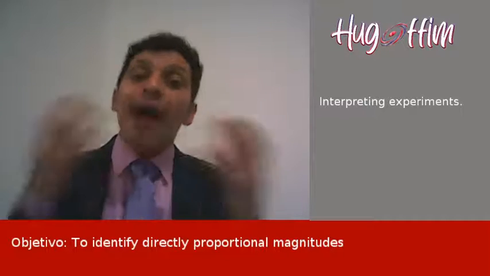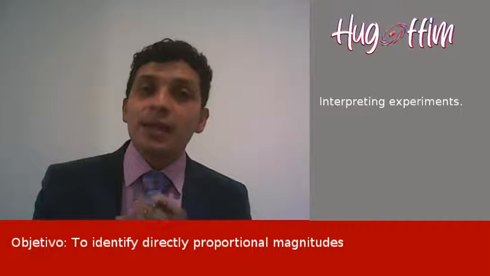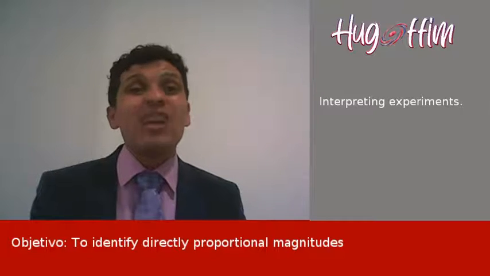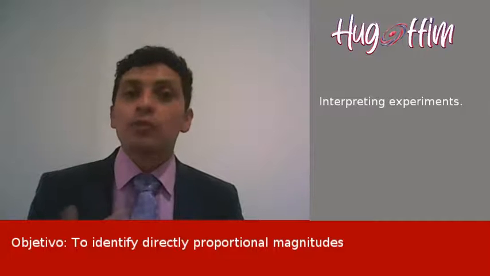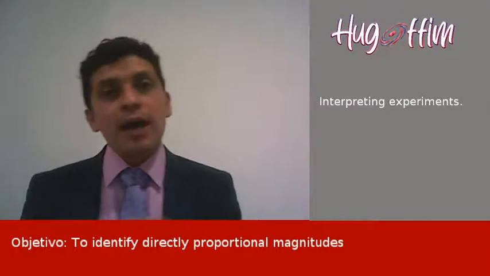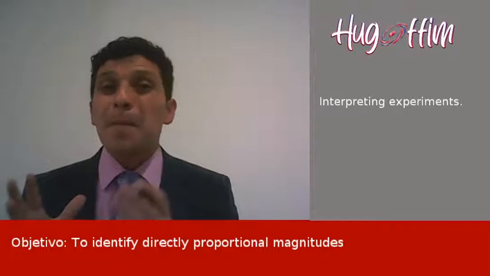You have directly proportional magnitudes when the rate between those magnitudes is a constant. So if you have a common rate, you will have directly proportional magnitudes.